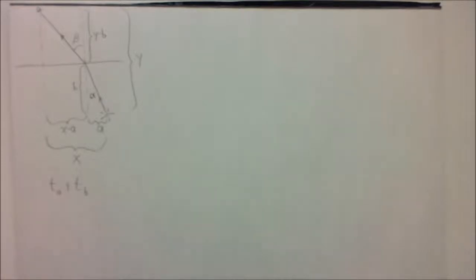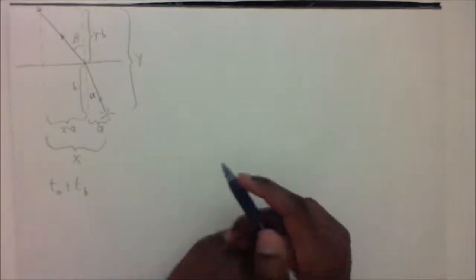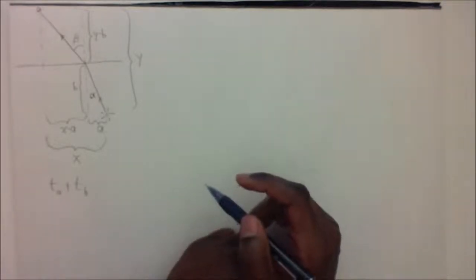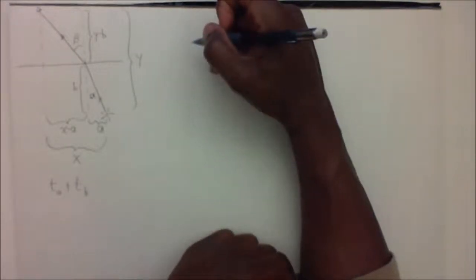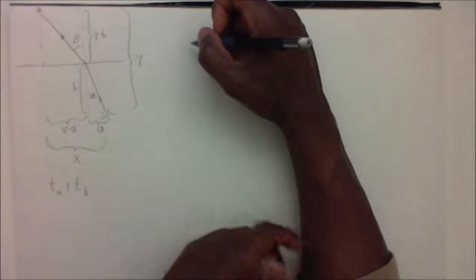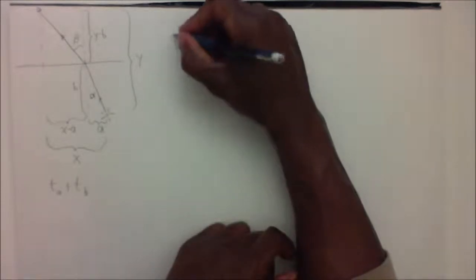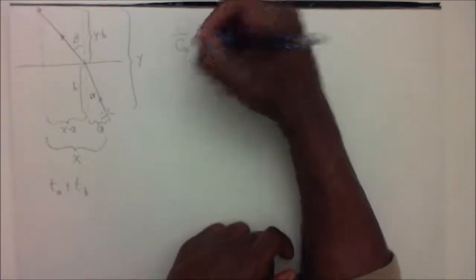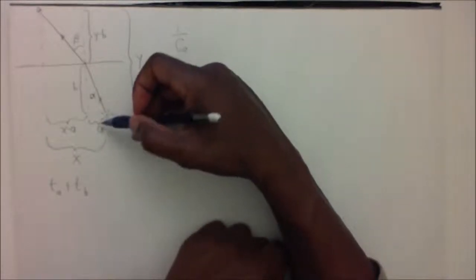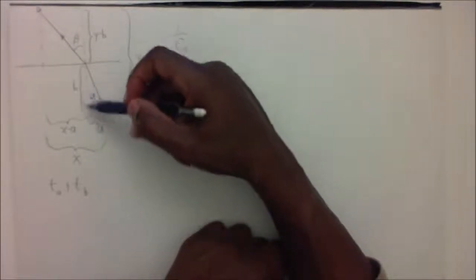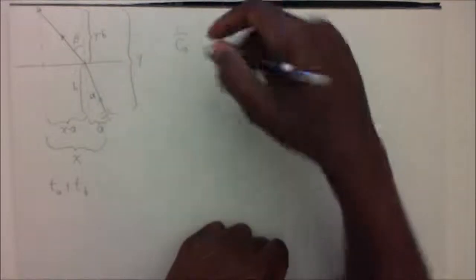So the time that it takes to traverse through A, I'll call the speed of light through A, c sub A. The time is basically the distance divided by the speed. So it's 1 over c sub A times, using the Pythagorean theorem, the square root of a squared plus b squared.